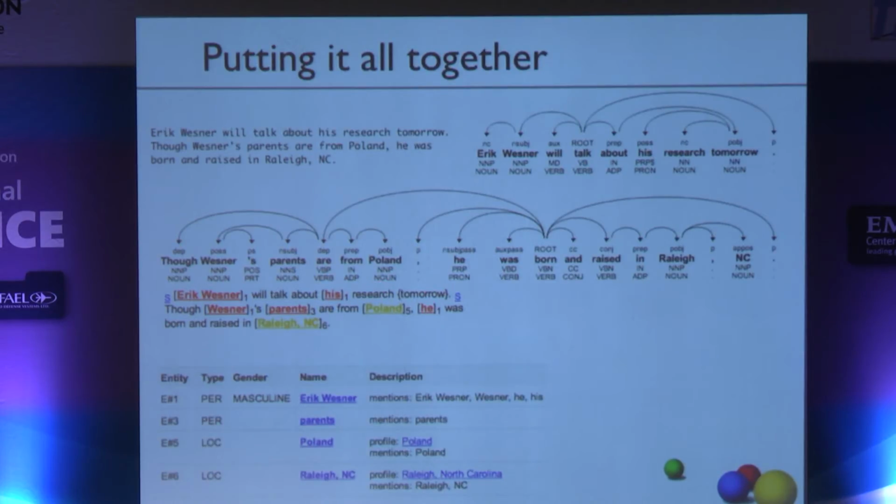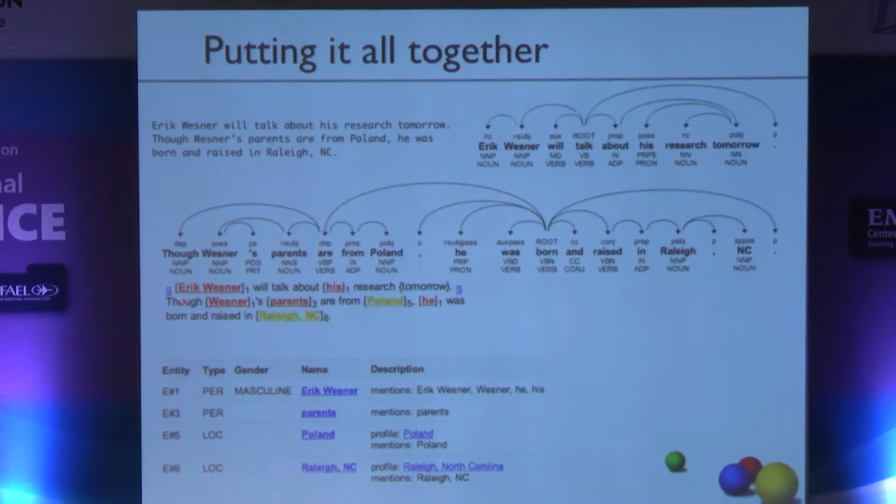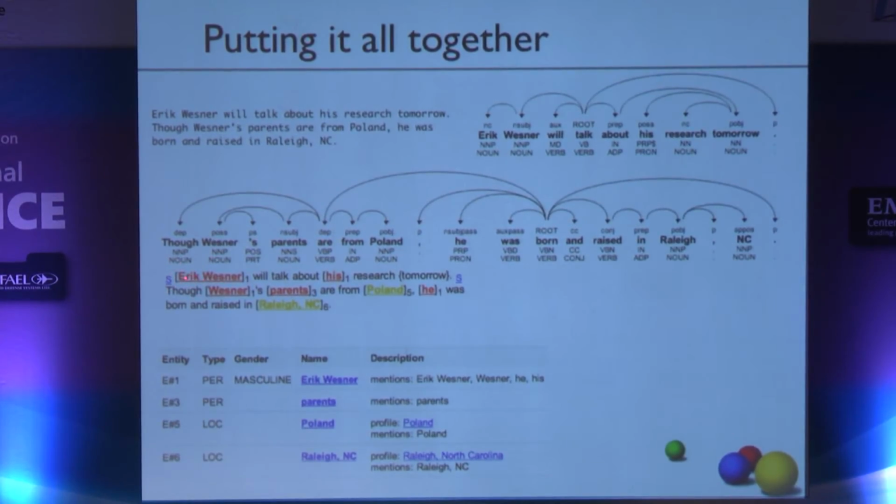And furthermore, we can do some aggregation of this. For instance, there's this person, and we think it's masculine. We have some guess that Eric might be a male, and it has a canonical name that we infer, and then a bunch of mentions. Eric Wessner, he, and his are all references to this particular individual. And there's some parents which are a type person, but we don't know much about them.